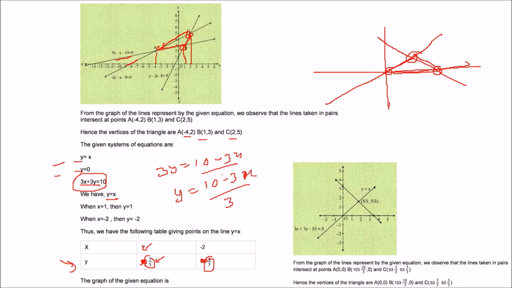So when you put x equal to 7 by 3, 3 cancels, 10 minus 7 is 3, 3 by 3 is 1. That is how we get 1. Again, if you put 4 by 3, 3 cancels, 10 minus 4 is 6, 6 by 3 is 2. So this is how we get the values, right?